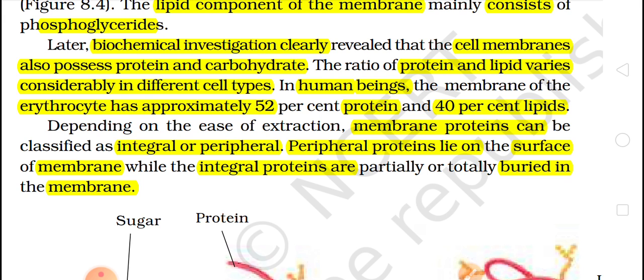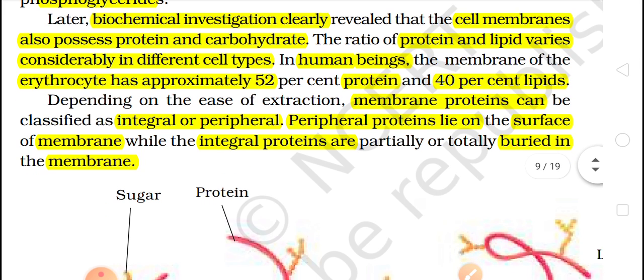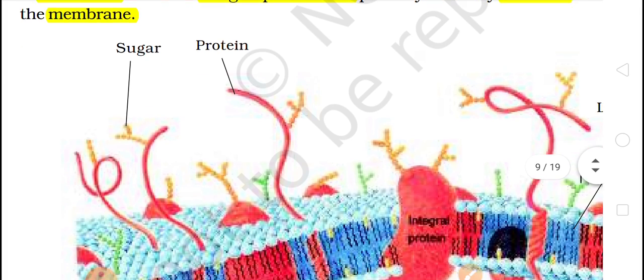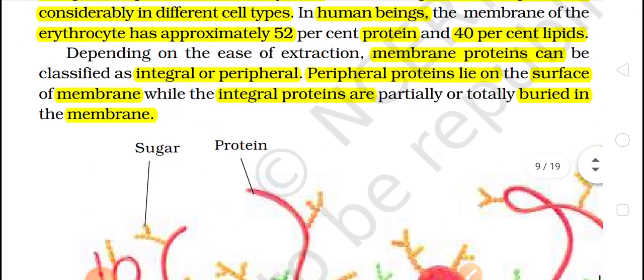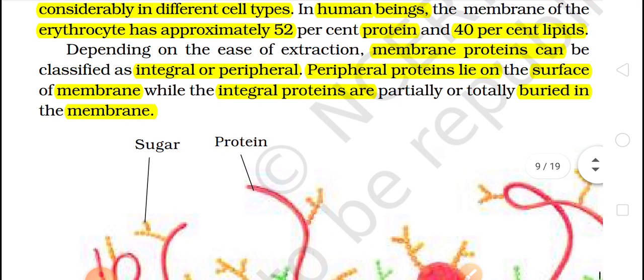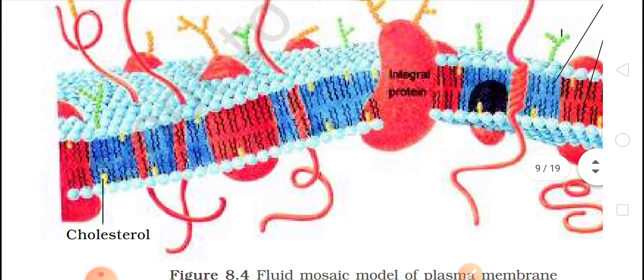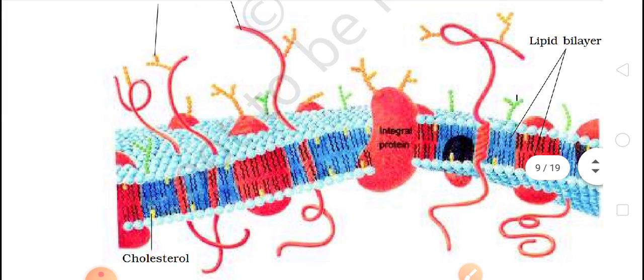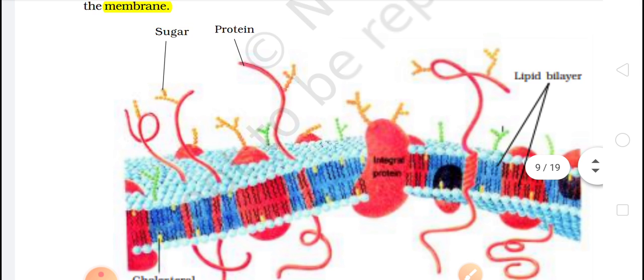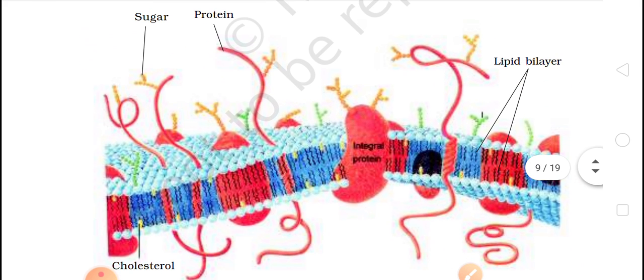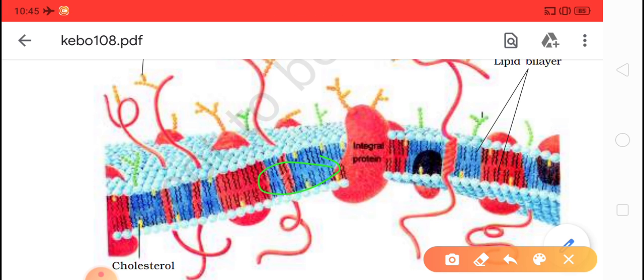For example, the erythrocyte has 42% protein and 40% lipids. The peripheral proteins are present on the surface of the membrane, but the integral proteins are totally buried in the membrane. Here the outside is peripheral, and inside the cell membrane is integral.